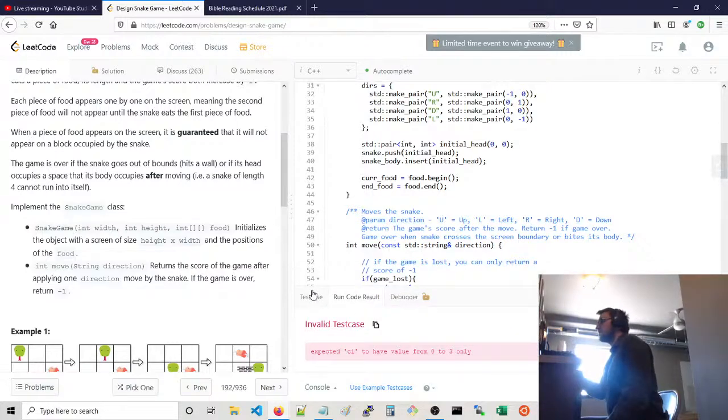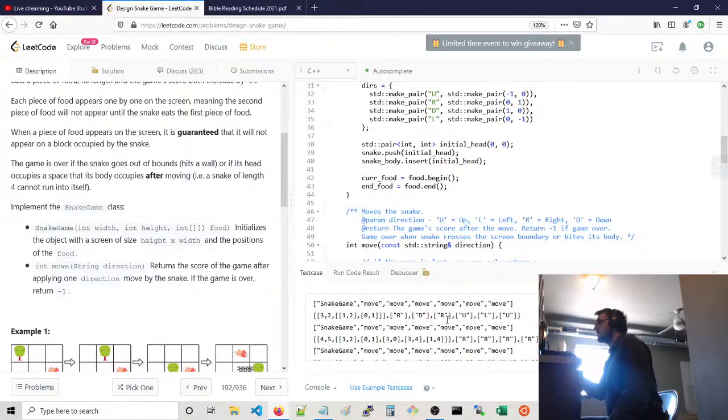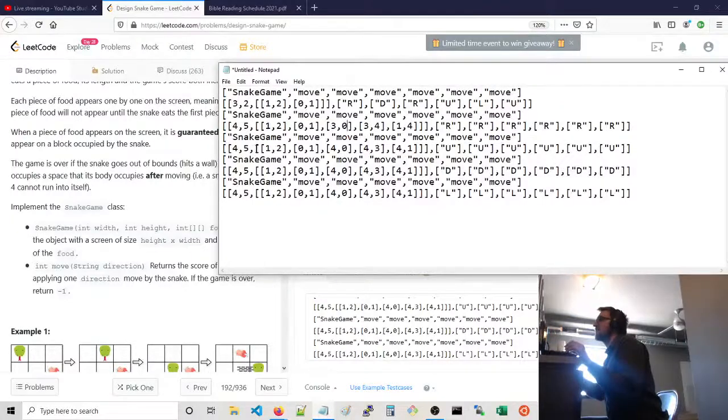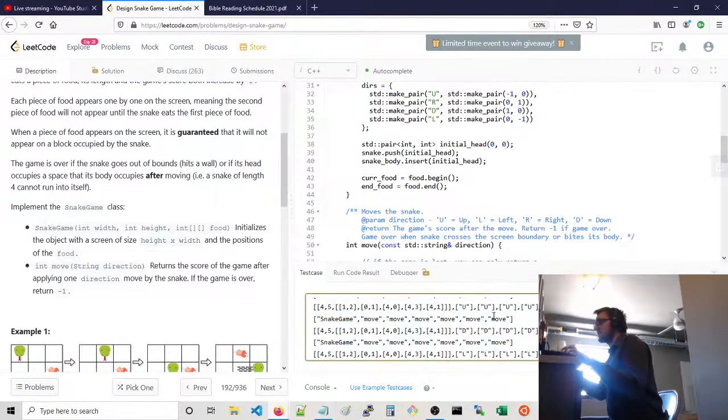A few different... oh really, what? Come on, what's the problem now? I didn't modify this one though. I got all the other ones, but I didn't get this one. It's kind of funny. Okay, try again.